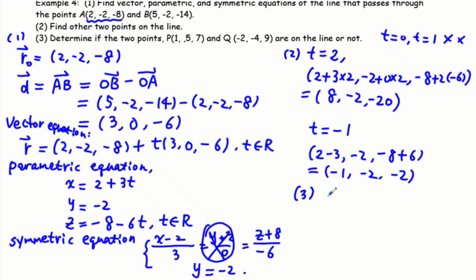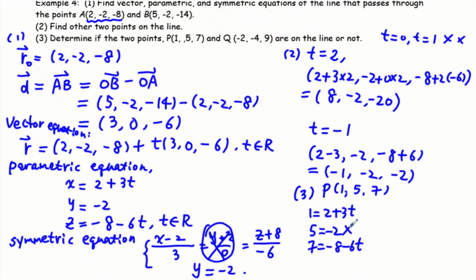So P is (1, 5, 7), we want to check, what's the t value? So 1 equals 2 plus 3t. 5 equals -2 doesn't work, so it's not on the line. So we don't have to go further to solve for the t.